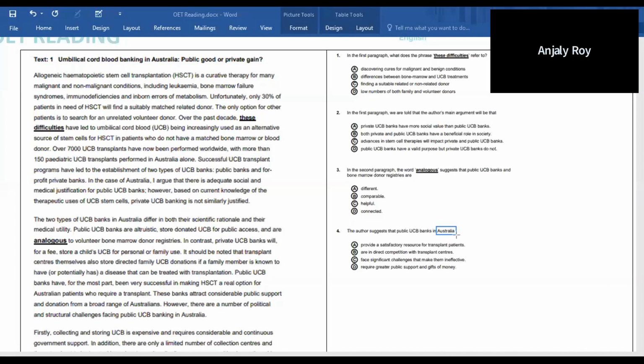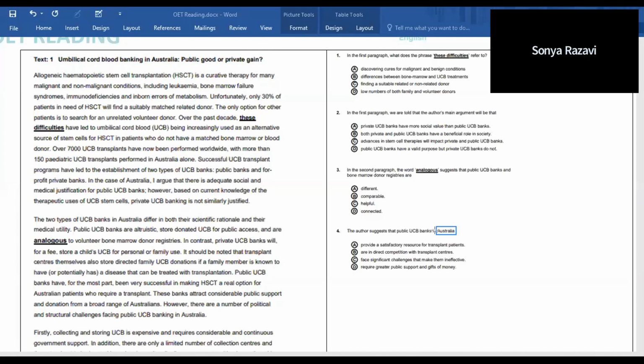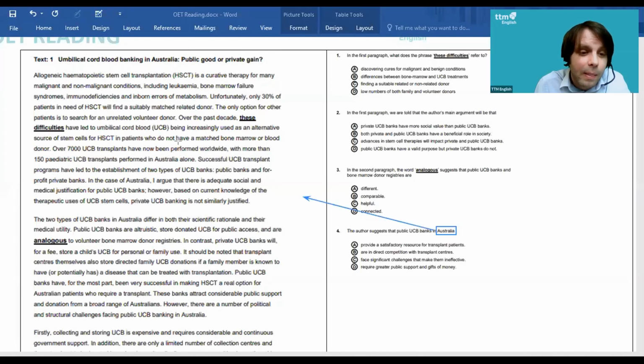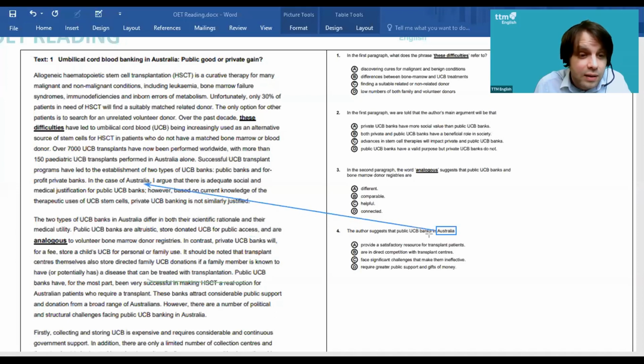Is the article about Australia? I suppose it is. Still, I think it's a good idea. Let's see if we can find Australia. Can anyone find Australia here? Paragraph 2. So it could be here, or it could be here.